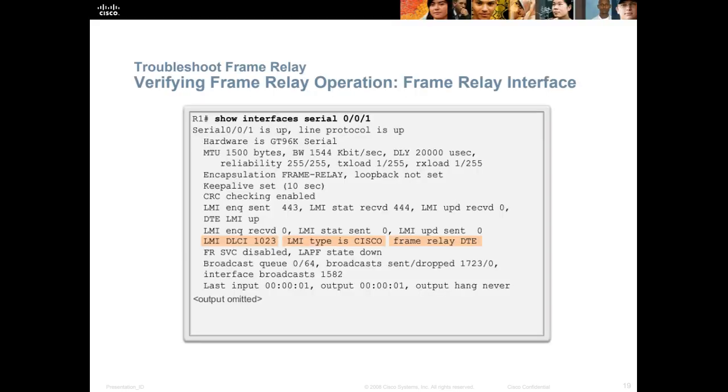Troubleshooting connectivity, we can do show interfaces serial on the serial interface, and it will show me the LMI value. Don't forget that. So what is the command to troubleshoot the LMI? Show interface serial.